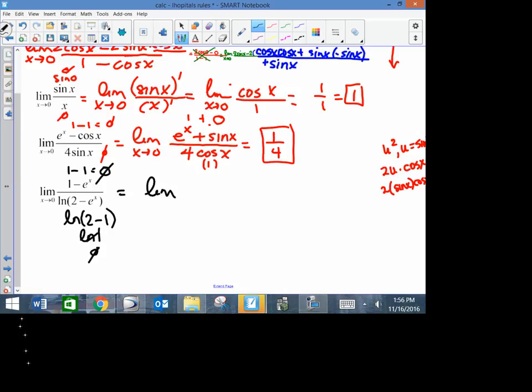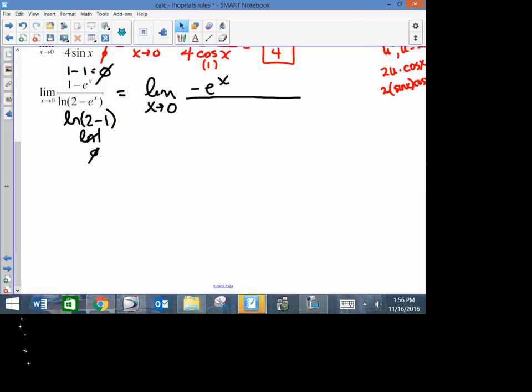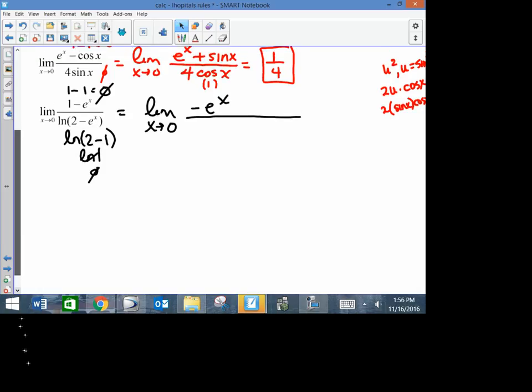So we can use L'Hospital's, right? What's the derivative of the top? Negative e to the x. What's the derivative of the bottom? Don't say it out loud, just do it, and then we'll regroup. Are we supposed to know that ln of 1 is 0? Yes.